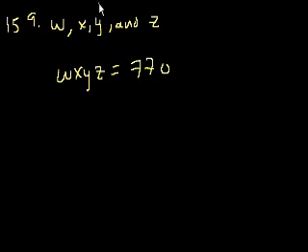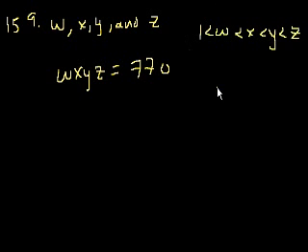And if 1 is less than W, which is less than X, which is less than Y, which is less than Z, what is the value of W plus Z? Okay, this is interesting. So they're telling us that these are integers, right? And we have 4 integers, and they're all greater than 1.